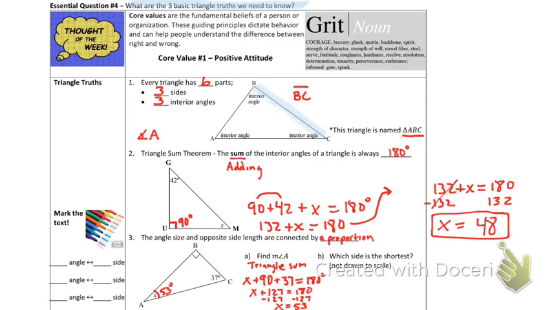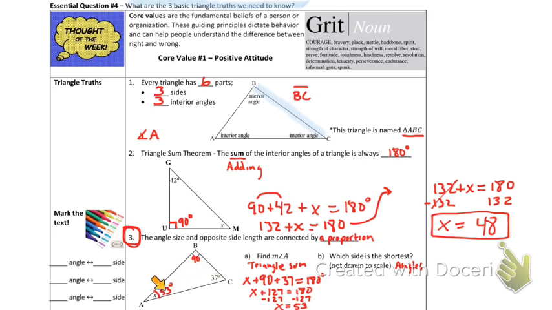Okay, problem B, which side is the shortest? And this is where we're going to use triangle truth 3. We're going to use this by looking at the angles. The angles can tell us what side is the shortest. So we simply look for the shortest or the smallest angle. So we know that angle B is 90 degrees.